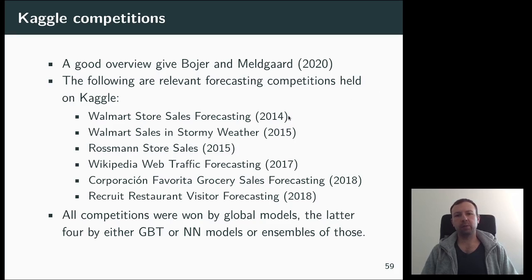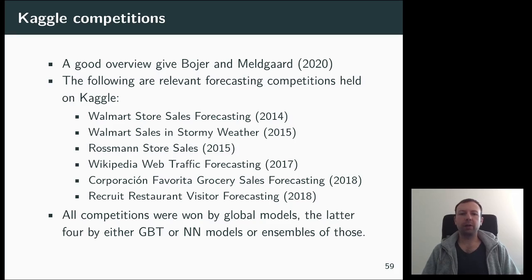For example, in 2014, 2015, there were a couple of retail sales forecasting competitions and the Wikipedia web traffic forecasting competition in 2017. The Corporación Favorita grocery sales forecasting in 2018, and the restaurant visitor forecasting competition in 2018.